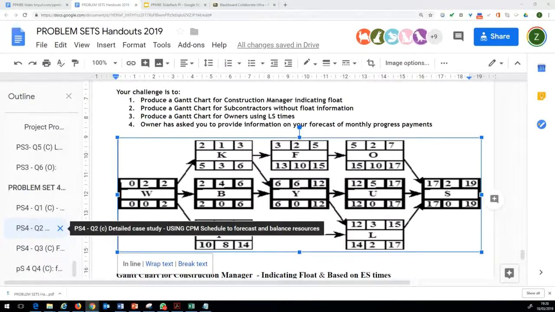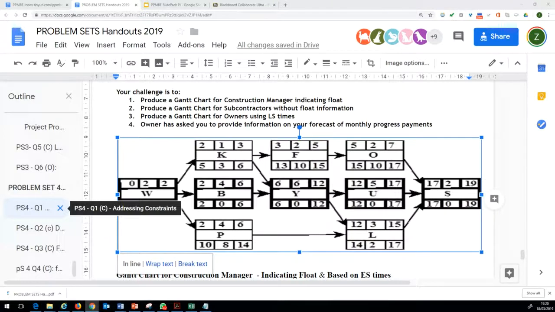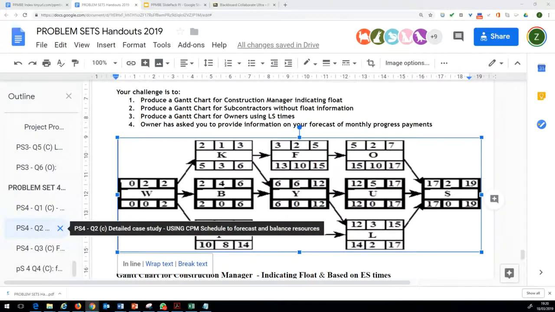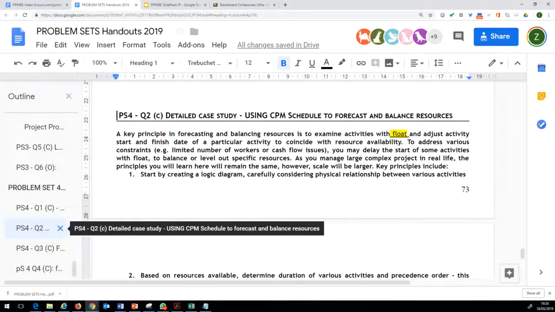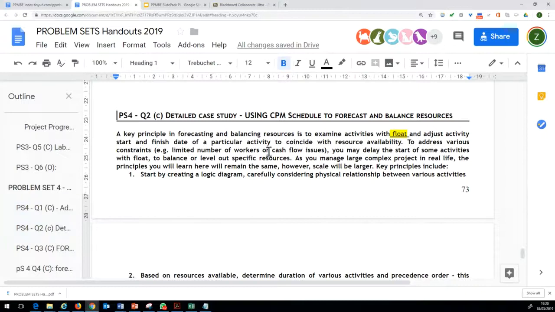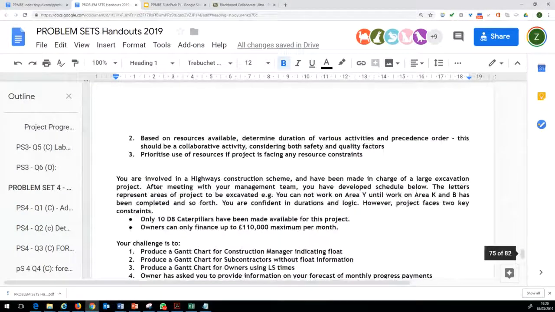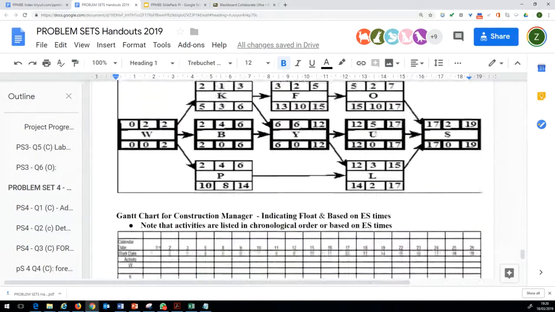It's not two separate questions, and we have addressed the last point, which is owner has asked you to have a maximum cost guarantee. So this is essentially being addressed in this part. So there's no need to repeat the same thing.